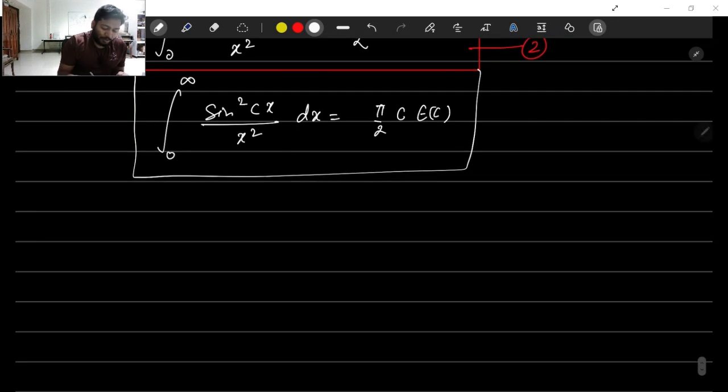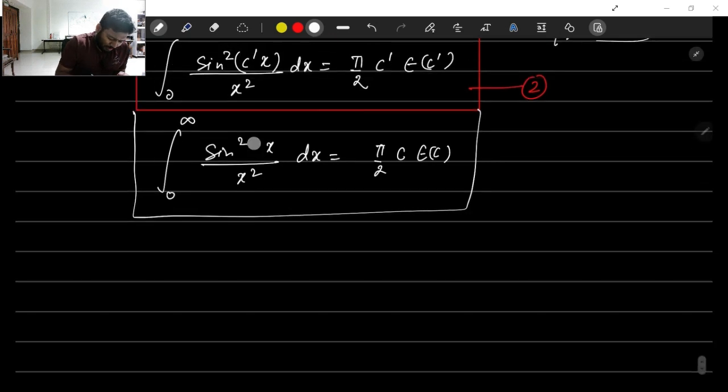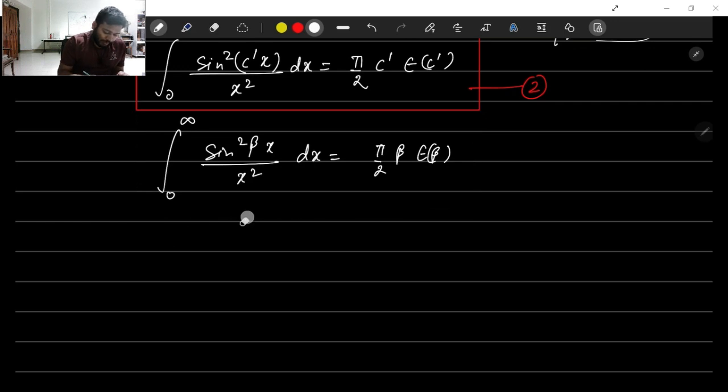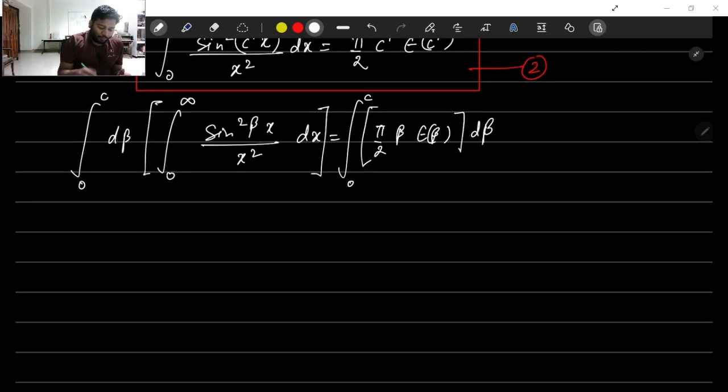Now we will do the integration with respect to c again, or you can write it in the form of beta, that will be good, and you do the integration from 0 to c. So again we will do the integration with respect to beta from 0 to c, d beta. If you do so, you will get a third power, a cubic power in the denominator for this integration, and the form you get is like this, 0 to infinity dx by x cube.